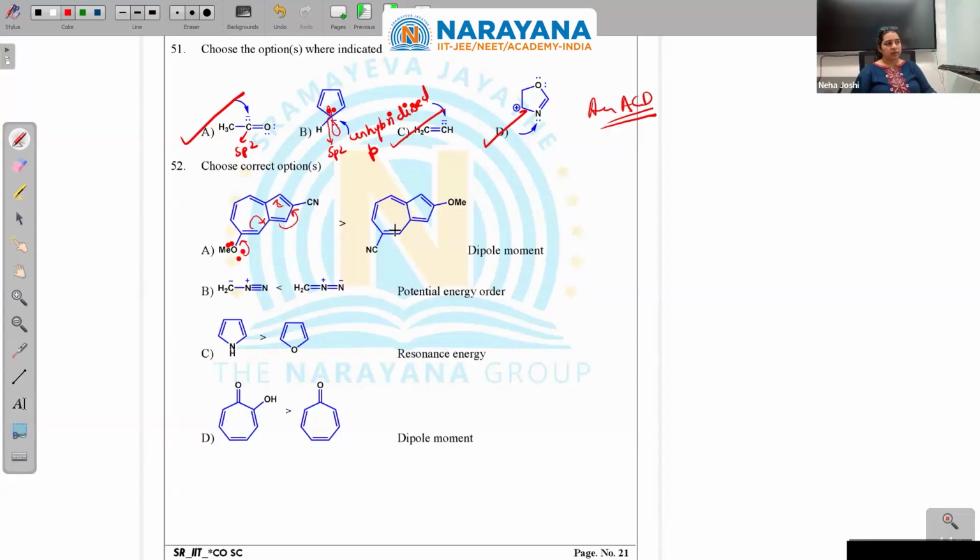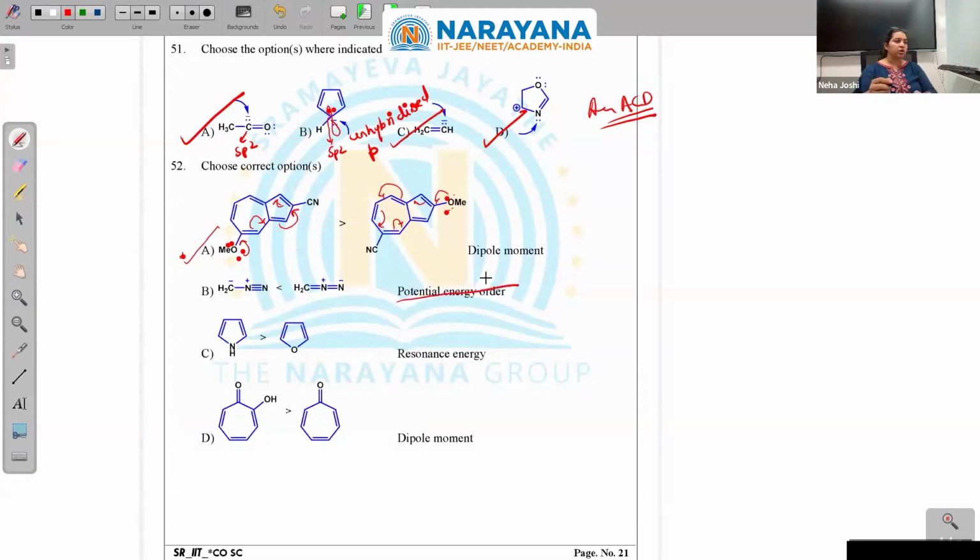Coming here, if I do somewhat like this, right? Now, this is not giving the correct polarity as required for aromaticity. And therefore, this is the correct polarity. So yes, dipole moment of first is greater than second.